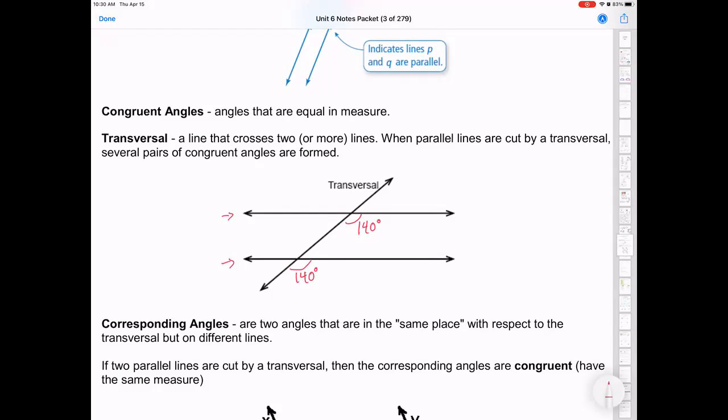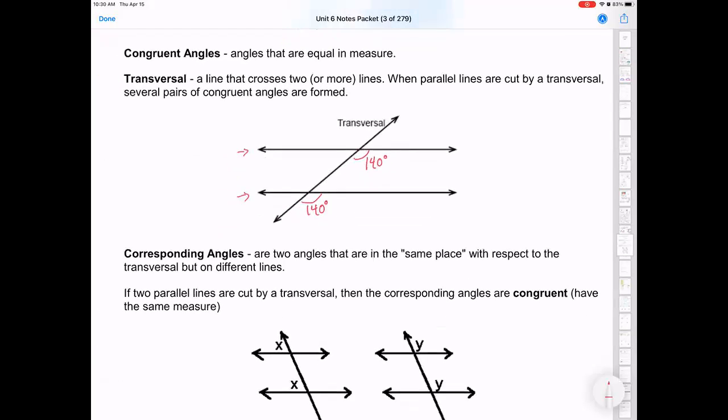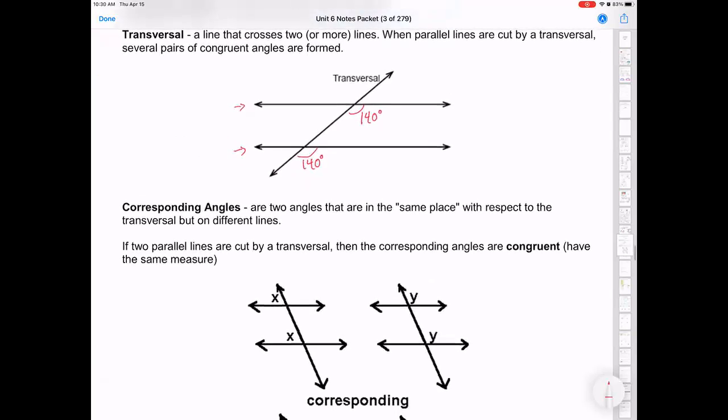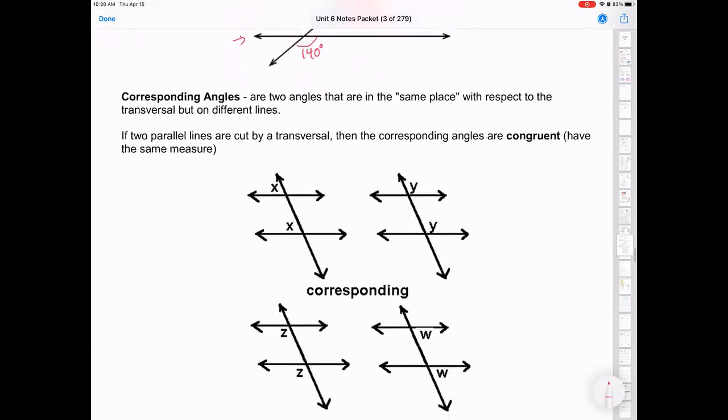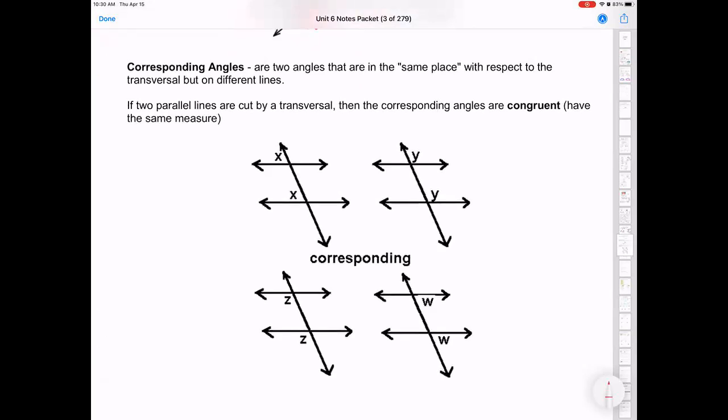And that's not the only pair that you see as corresponding. That's what this definition pretty much starts to get into. You notice a bunch of different corresponding angles having the exact same angle measure.